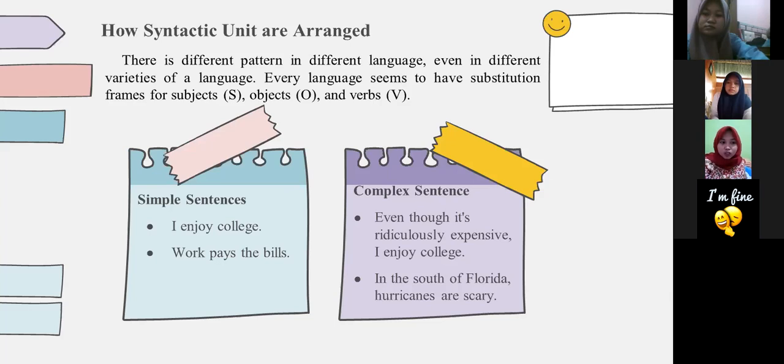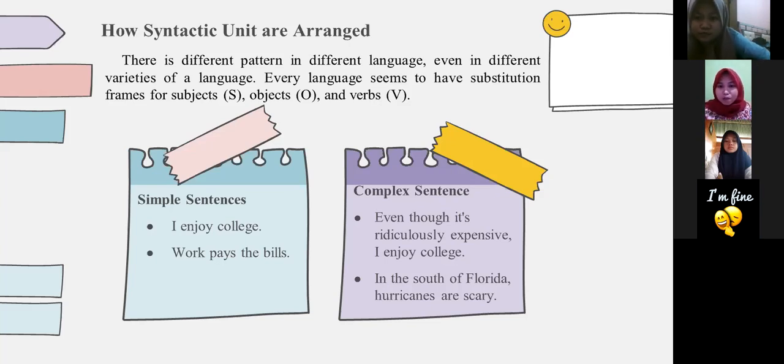Let's take a look at the syntax in writing examples. We can see in the slide there are two examples here. First is the example of a simple sentence. I enjoy college. Work pays the bills. I is the subject, enjoy is the verb, and college is the object.